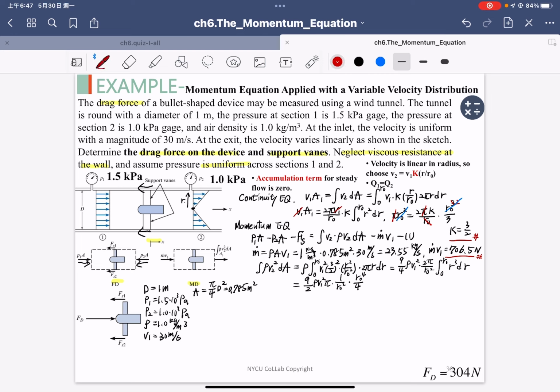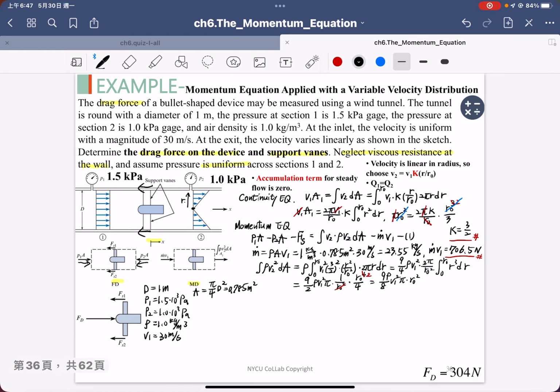So we can cancel out the square R0 to be the 2. Okay, so finally this will equal to 8/9 times the density rho, and the V1 squared, pi, multiplied by R0 squared.